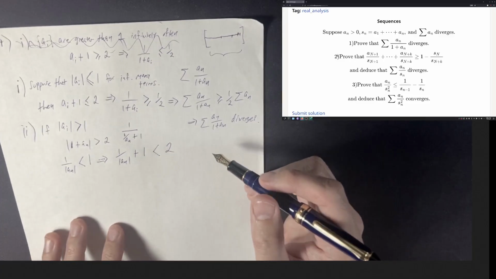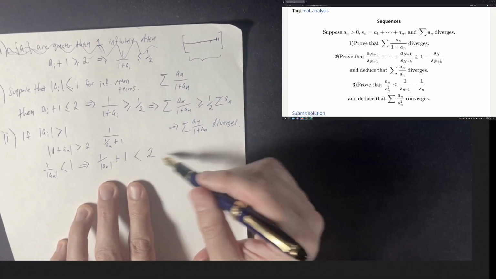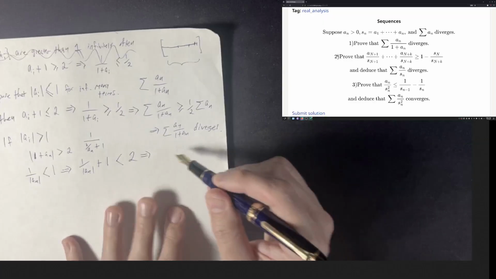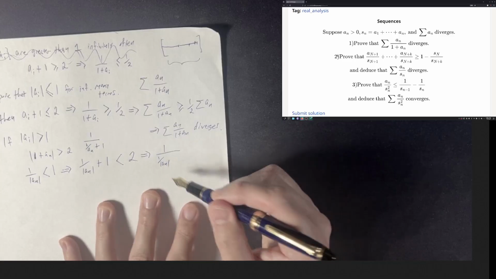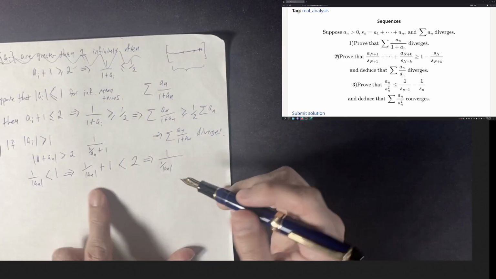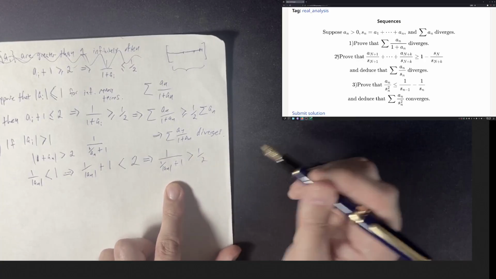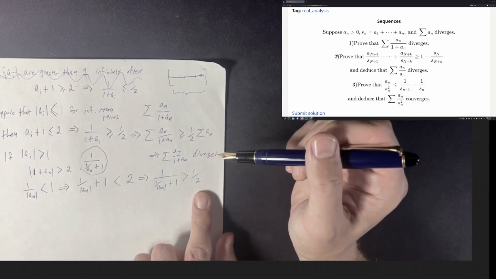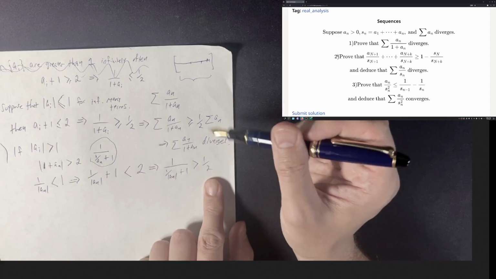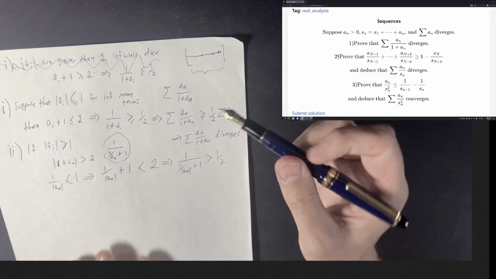You see what I'm saying? No, that's right. That's what I'm doing. Good. And now take the reciprocal of this and we're done. I don't even need these absolute values because they're positive terms, but I keep writing them. This is bigger than half, which means the terms you're adding up in your series are bounded from below by half. There's no way this could be a convergent series. It fails the divergence test. Okay?